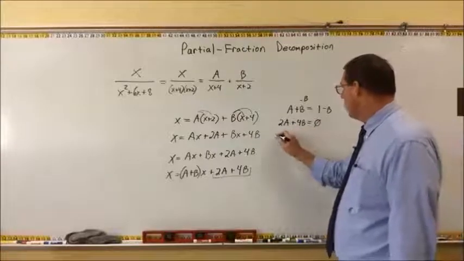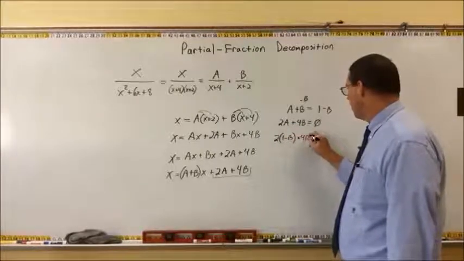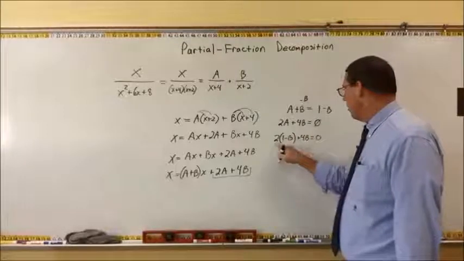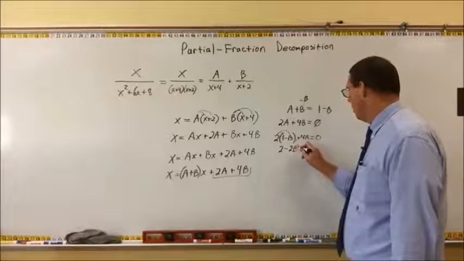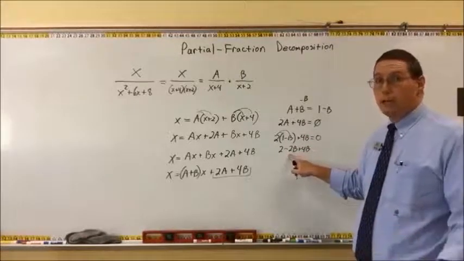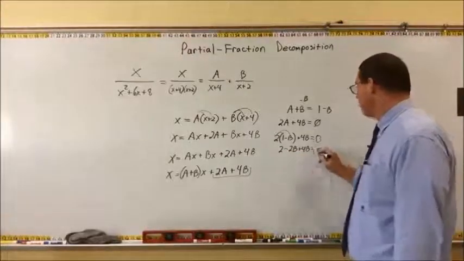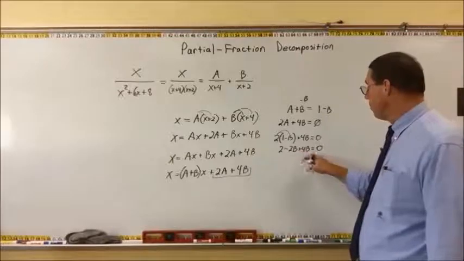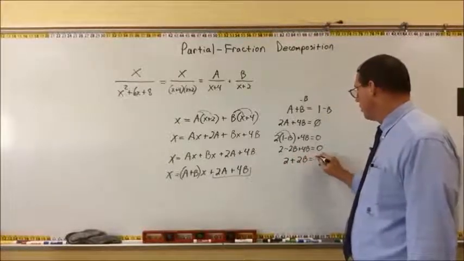Well, let's go ahead and do that. 2 times 1 minus B plus 4B is equal to 0. Then 2 times 1 is 2. 2 times negative B is minus 2B, plus 4B. Negative 2B plus 4B is 2B, so 2 plus 2B equals 0.